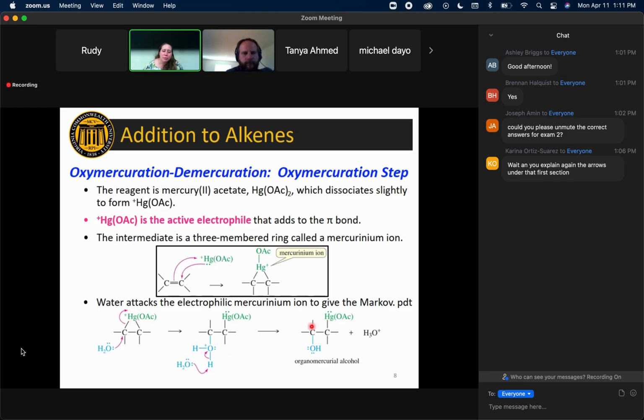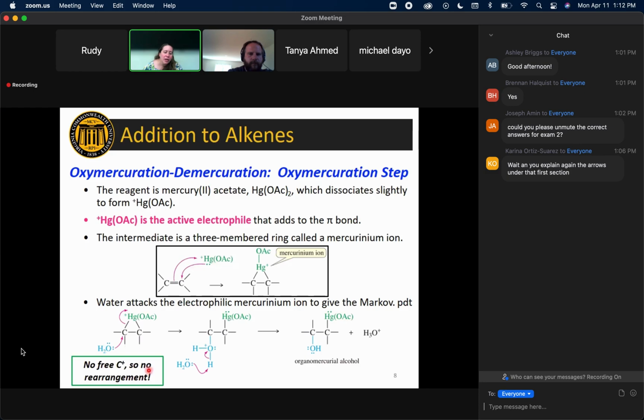And after a deprotonation step, we get to the intermediate of this process, which has a new carbon-oxygen bond, a carbon-mercury bond, just one now instead of the two of our previous intermediate. And so now we've completed the oxymercuration step of this sequence.